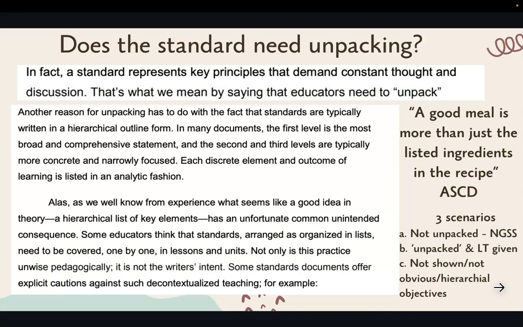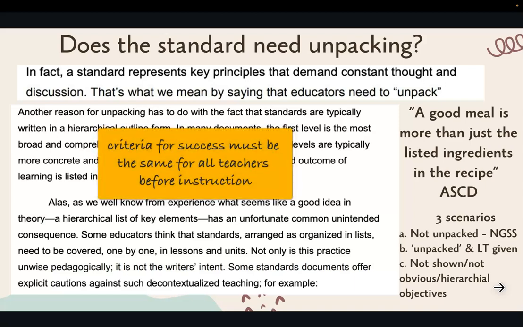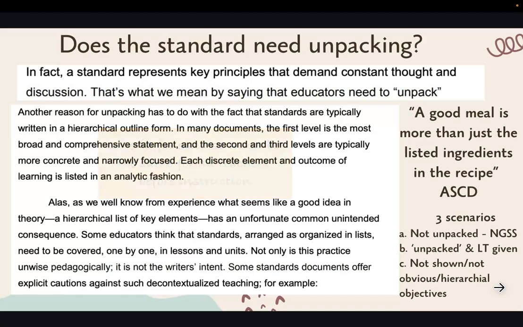It shouldn't be when we come to the assessments that the students are like, what is this? And even the teachers are like, oh, we were supposed to go to that depth. We were supposed to have this level on Bloom's taxonomy. We were supposed to use this kind of language. It should not be, right?